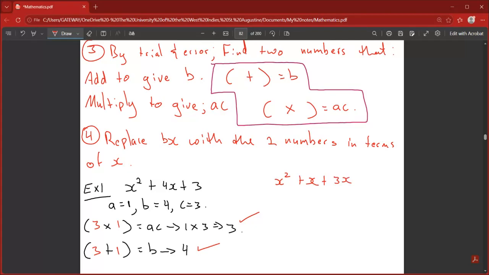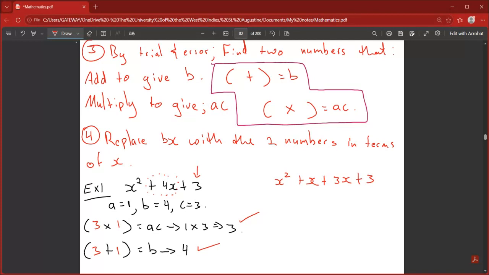Remember that I write that in terms of x. Then I didn't put back this 3 yet, so I have to put back that 3 here now. That is how I end up with 4 terms. What did I do? I replaced the bx term, which is the fourth step, with the two numbers in terms of x. I replaced the bx term with x and 3x.